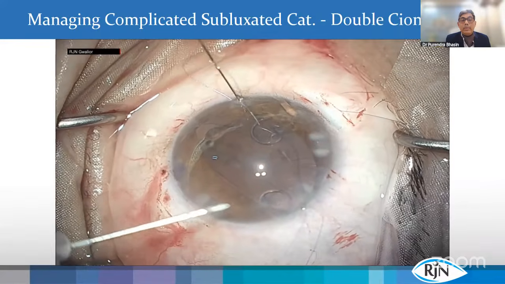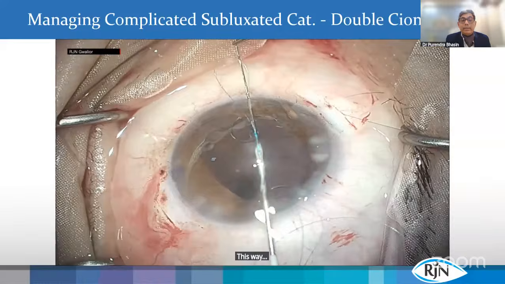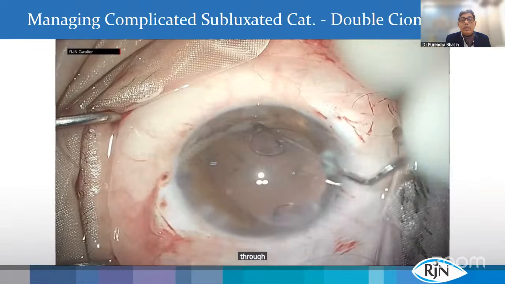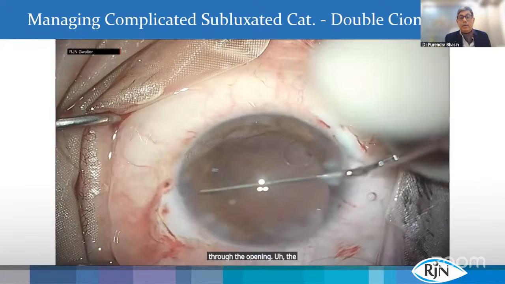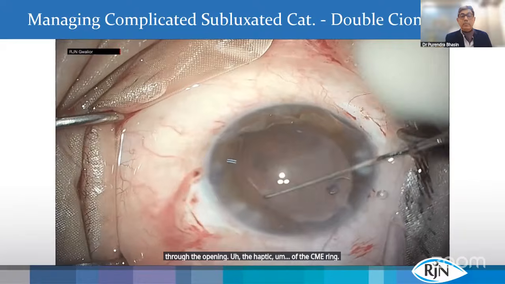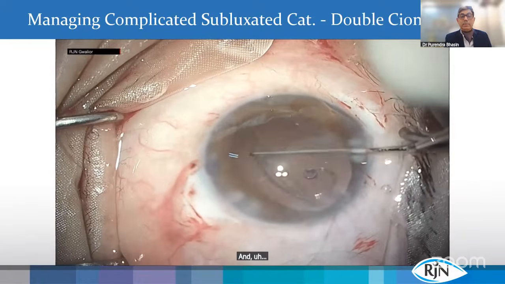This way, I'm passing the needle through the opening, the haptic of the CNE ring, and this is pushed inside.